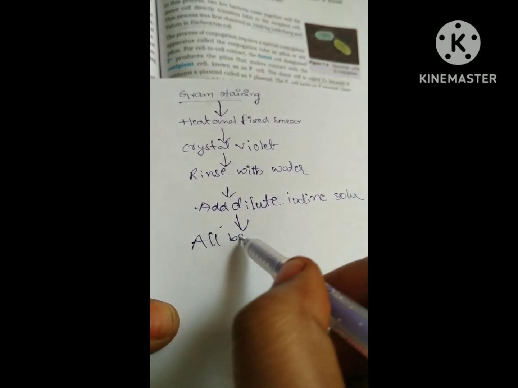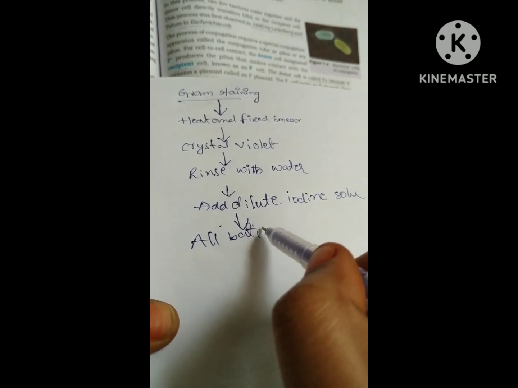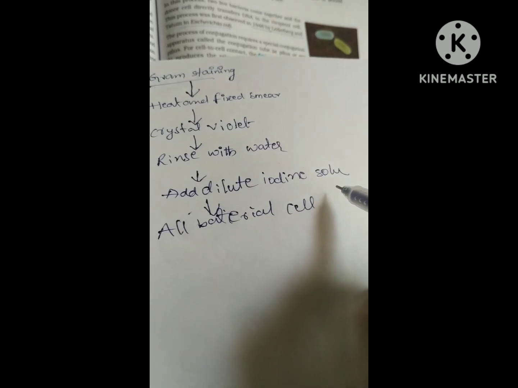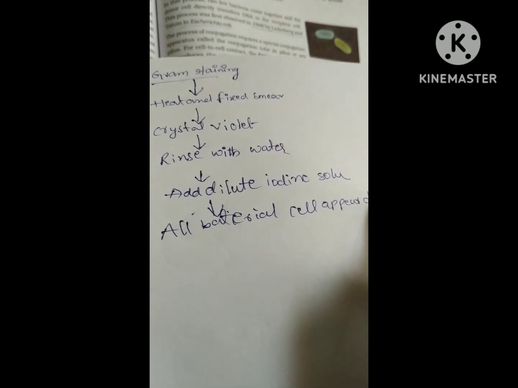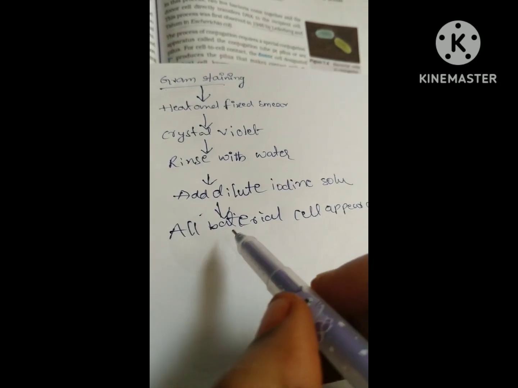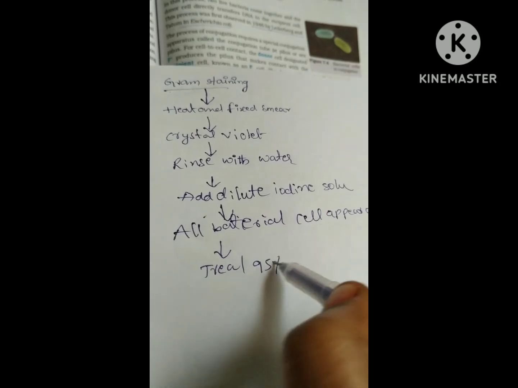All bacterial cells appear deep blue. Okay. Treat with 95% alcohol.